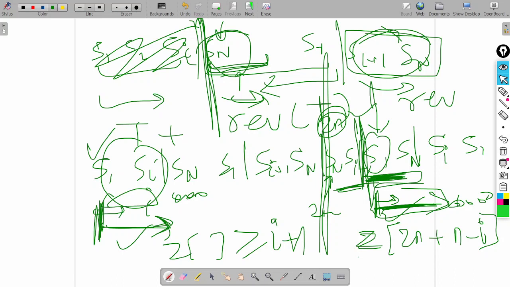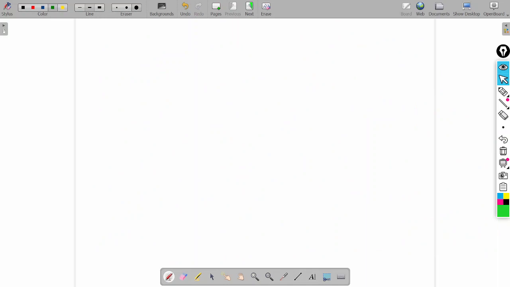For this, we can again work on this same string. We have s1 to si, let's erase all this. What I did is append t, s1 to si, then sn to s1, then si plus 1 till sn.